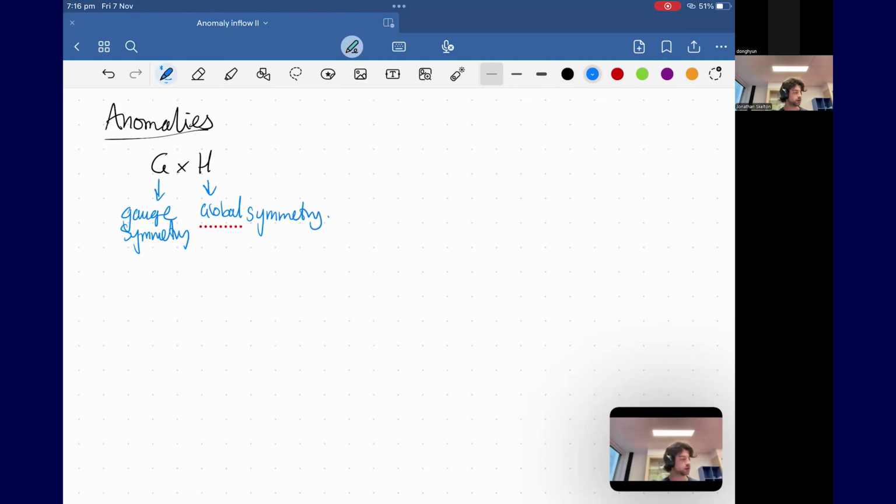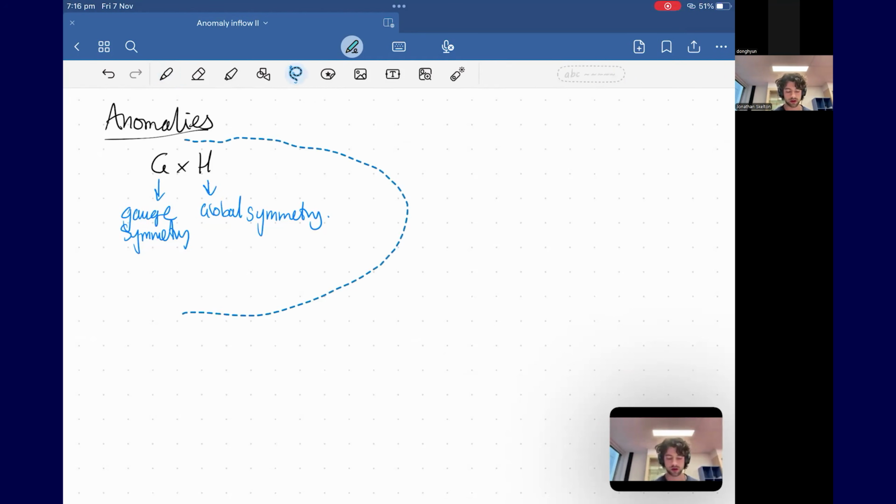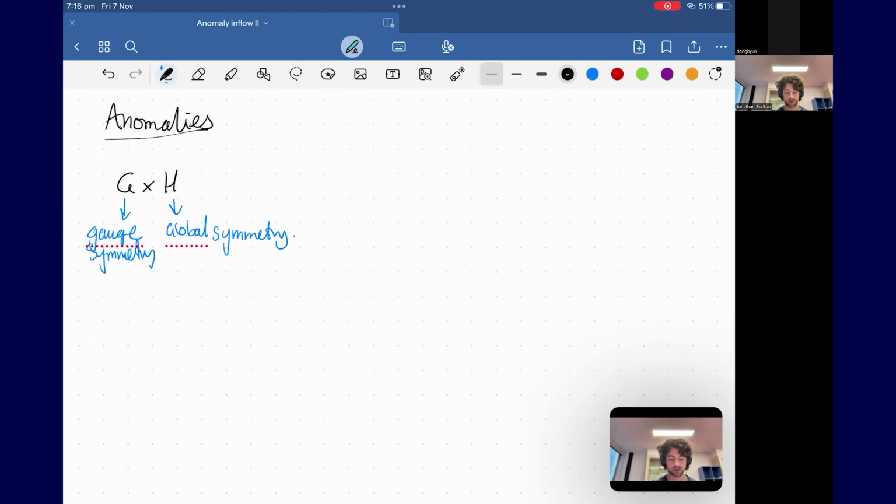I'm just mentioning this because it will be important to understand the type of anomalies that we can have. So we can basically classify our anomalies in the following way.